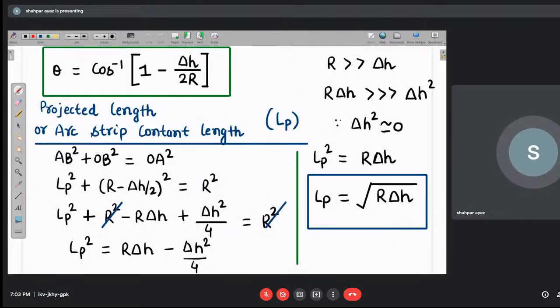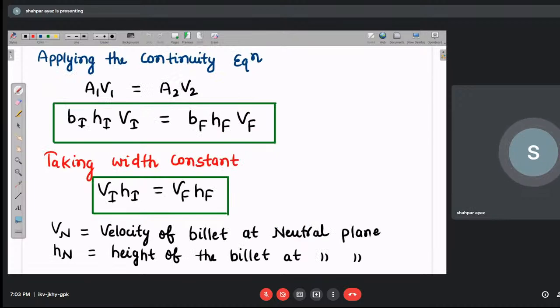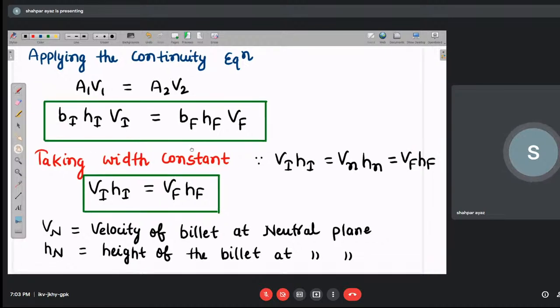So guys, if you combine this equation, you are going to get Vi Hi is equal to Vn Hn is equal to Vf Hf.